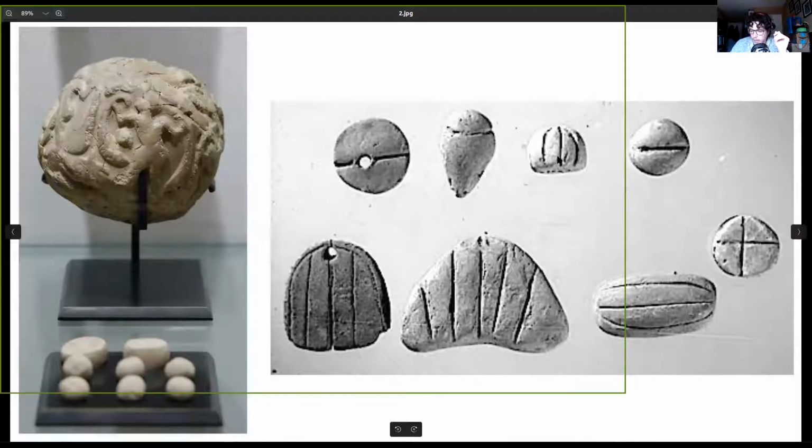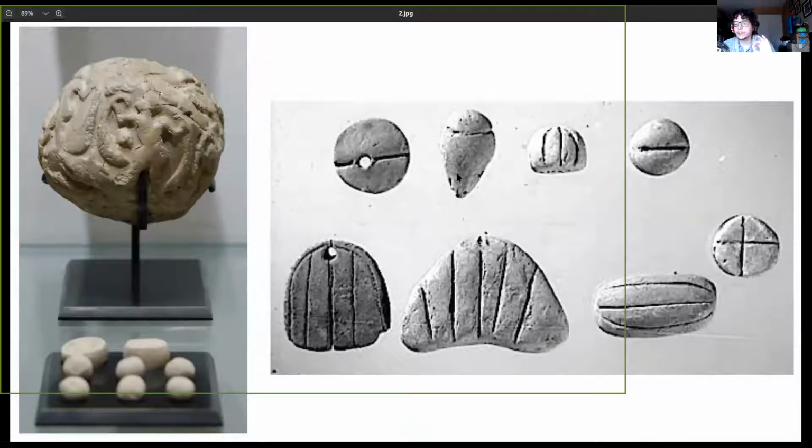So these little clay counters, and these are tokens from 3100 BC, and these originated in Iran. They're used to keep track of various goods, right? So, for example, you might have how many textiles you purchased, and how much oil, livestock, etc.